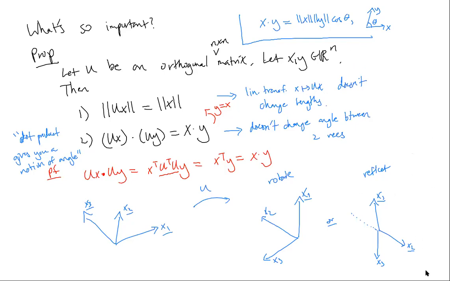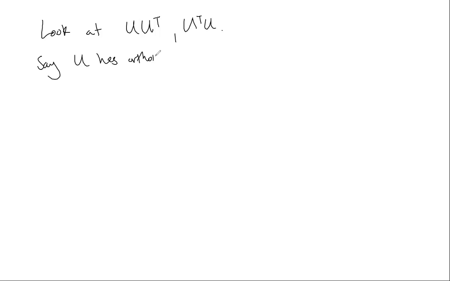Okay, so let's look at another example. Let's look at U transpose and U transpose U. Let's say that U has orthonormal columns, but is not necessarily square.